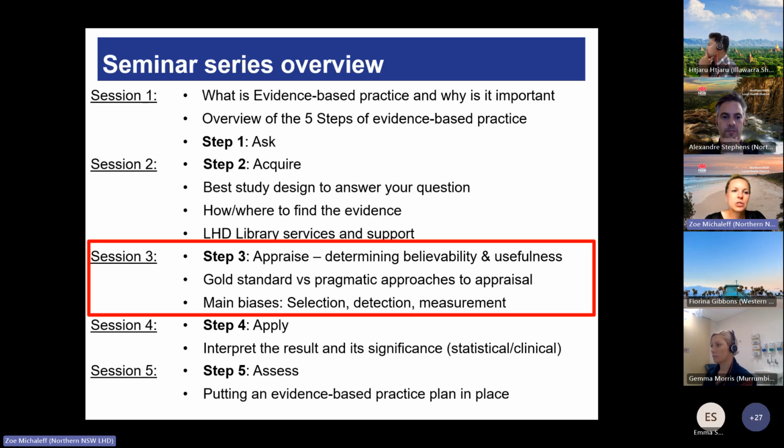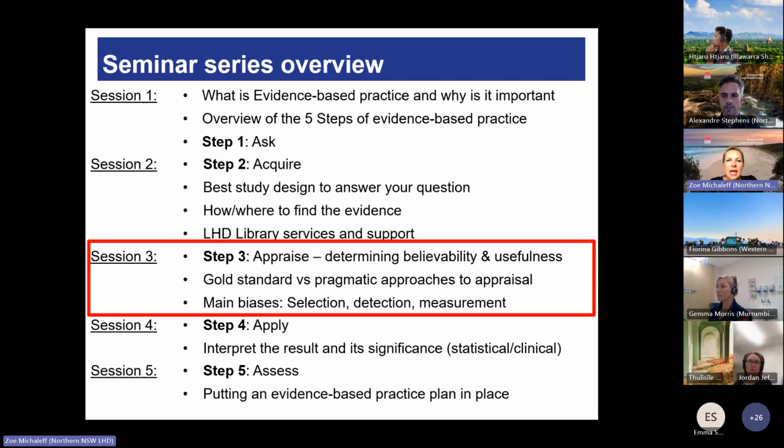And we're going to just do a very brief recap on the key points that we found out from last week. So we looked at a gold standard approach versus a pragmatic approach. And we also considered the main biases at play. So when we are appraising or assessing the research that we find, the key areas of bias that we're looking for are the selection, detection, and measurement biases, and we'll have a quick look at those now.